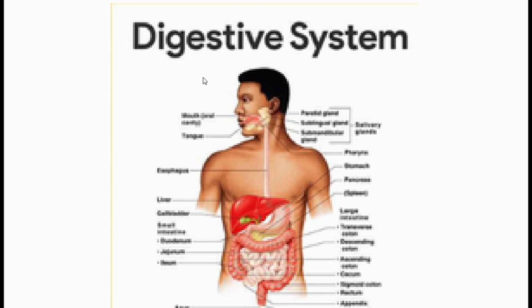So this is the digestive system. In the mouth, we have the palate, uvula, tongue, and teeth. Further on, we have the salivary glands, then the larynx and esophagus.